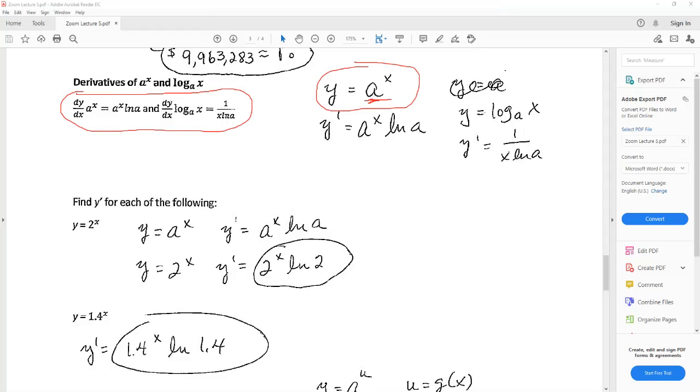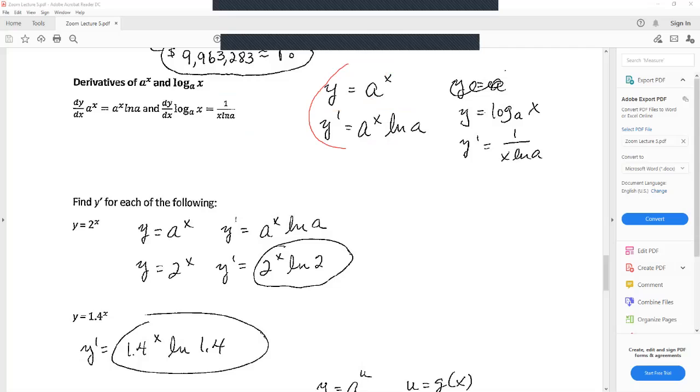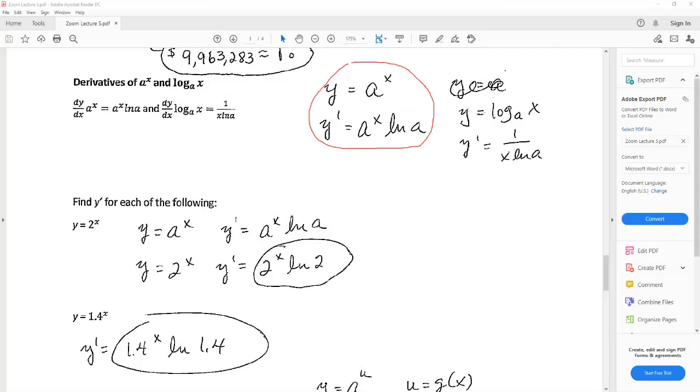It could be 5, it could be 2/3, and x is going to be the variable. The derivative of a to the x is a to the power of x times the natural log of a. That's what you need to know. The derivative of a to the power of x is a to the power of x times the natural log of a.